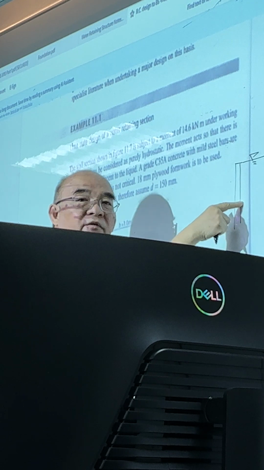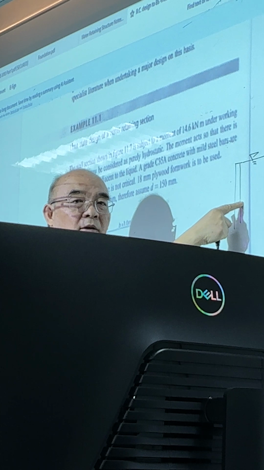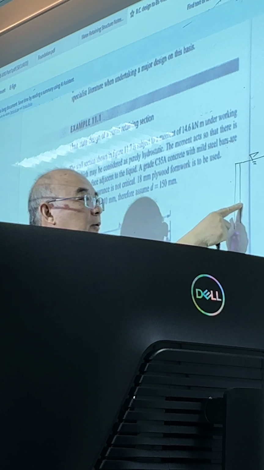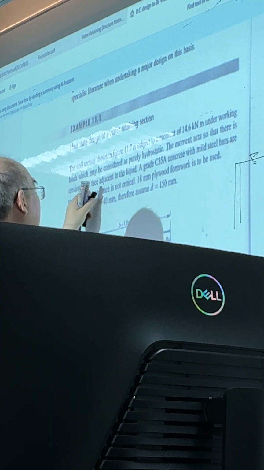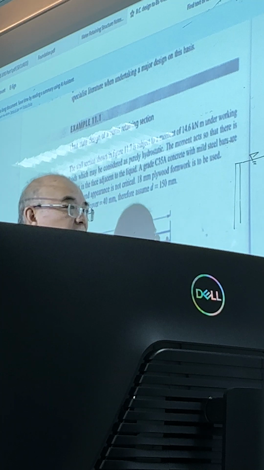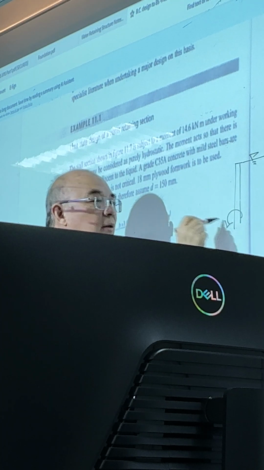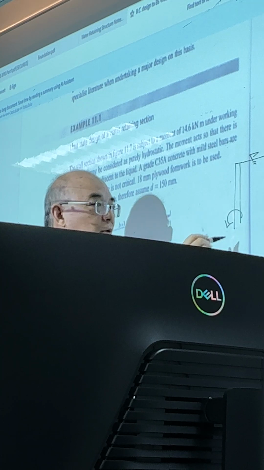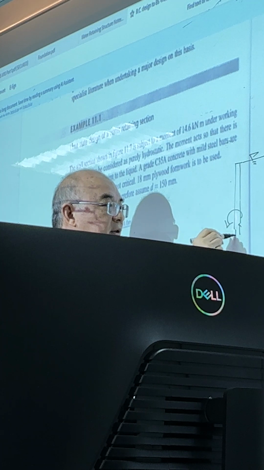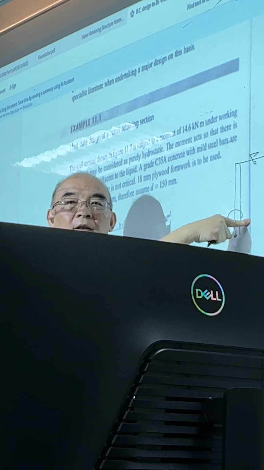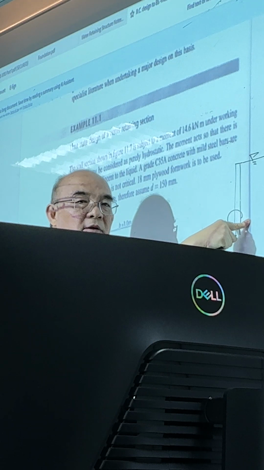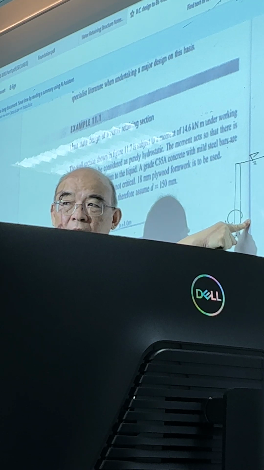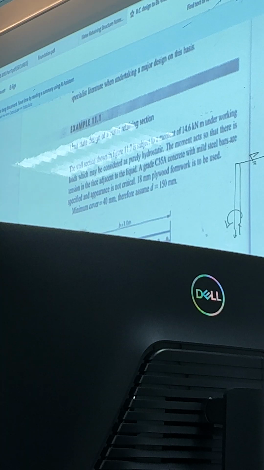Inner face, adjacent to the water. Because our moment is like this, this is in tension, this is in compression. So the tension is adjacent to the water. So tension is in the face adjacent to the liquid.